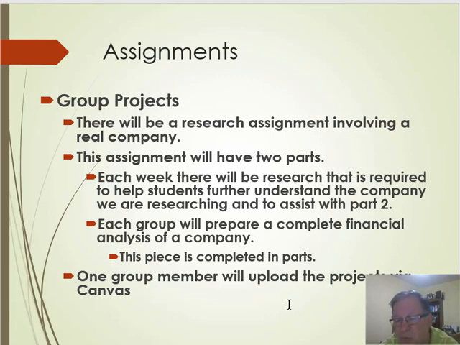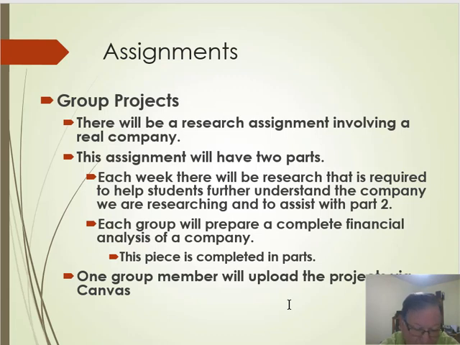That piece will probably end up being roughly, I would say, 60 to 70 pages long, but we're going to do this in probably four parts. So there'll be shorter papers, so you don't have to worry about getting all that together in one big document all at one time.